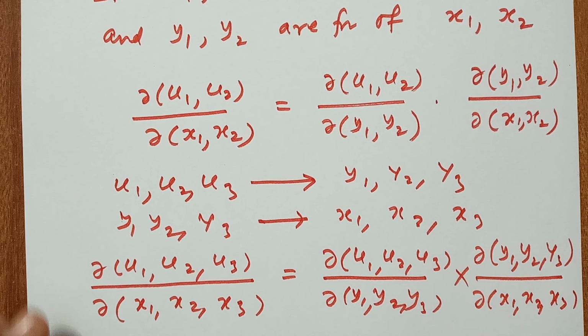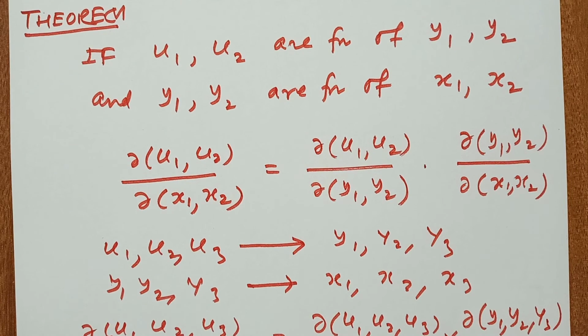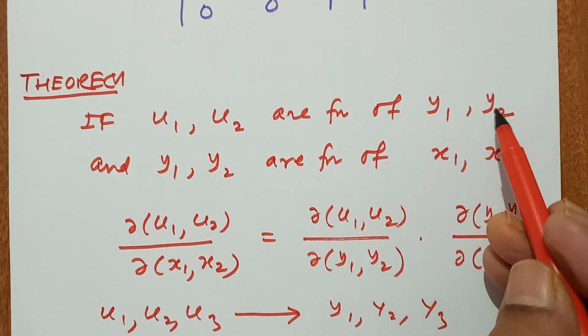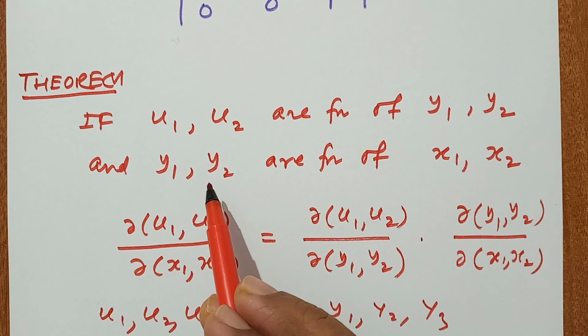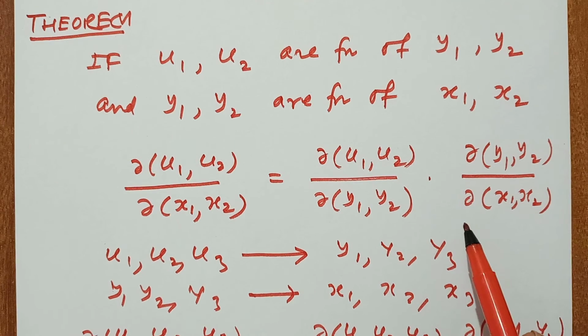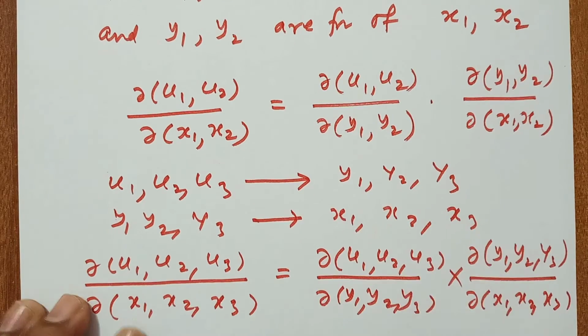So this is very easy to explain. Means u1, u2 are functions of y1, y2 and y1, y2 are functions of x1, x2. So this is the property, and the generalization of it is this.